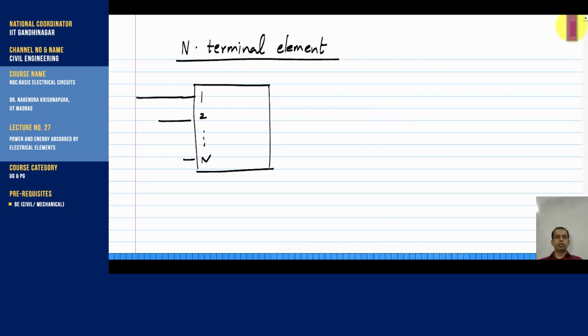But for now, let me consider the voltages of all the n terminals with respect to some reference and also currents going into all of the n terminals.